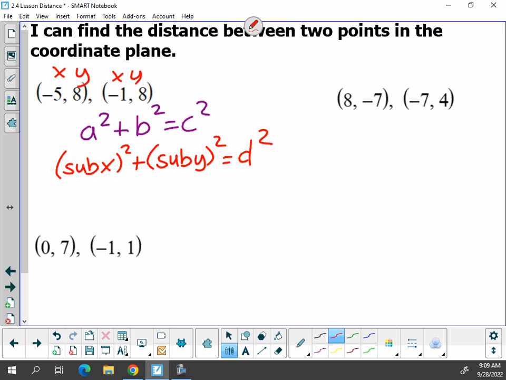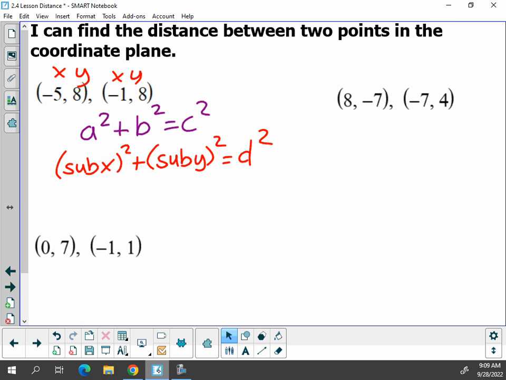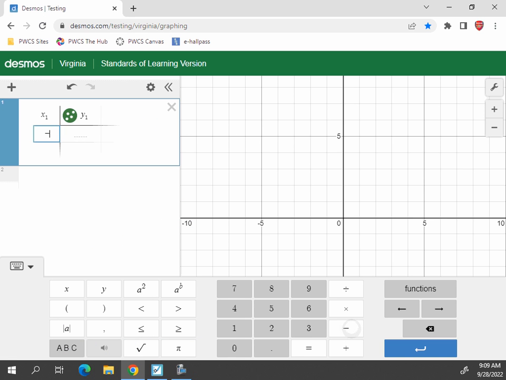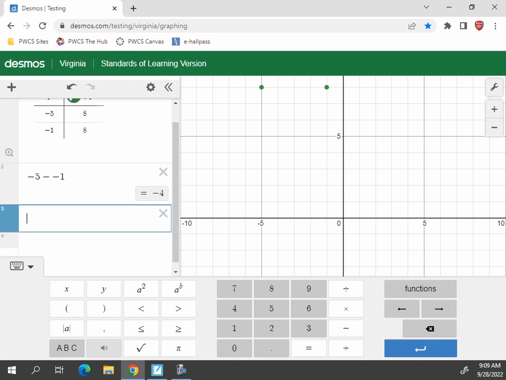Or you could set yourself up like we did when we found slope, and you can make a table with those values. So negative 5, 8, negative 1, 8. And now you can see which ones are x's and y's. I'm going to subtract the x's, negative 5 minus negative 1, and 8 minus 8.